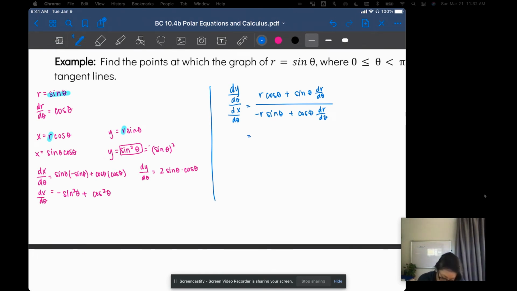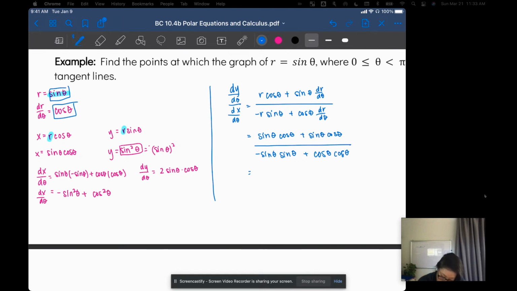r is equal to sine theta, so I get sine theta times cosine theta plus sine theta times dr d theta, which we decided was cosine theta, times cosine theta, all over negative sine theta times sine theta plus cosine theta times cosine theta.